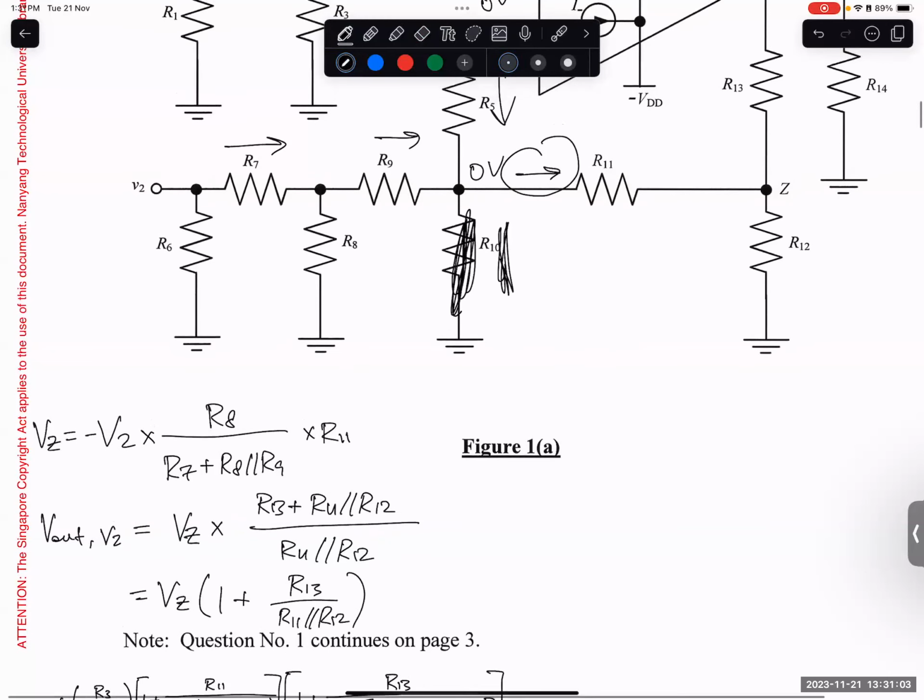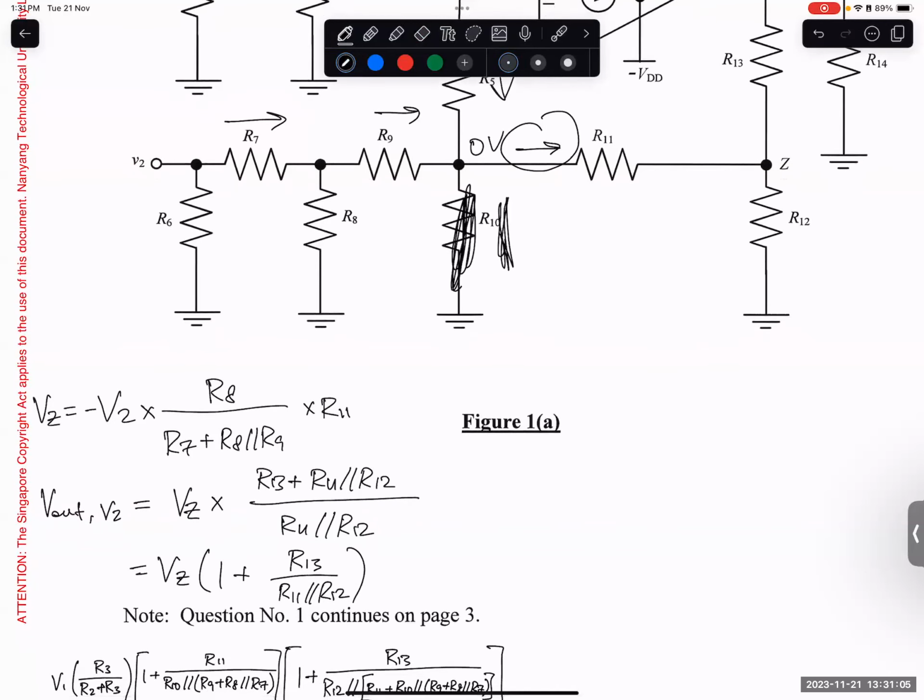Then we just plug in the whole thing. We get the V2 expression: negative V2, then bracket, R8 R11 divided by R7 plus R8 parallel R9, then times 1 plus R13 divided by R11 parallel R12. Okay, done.